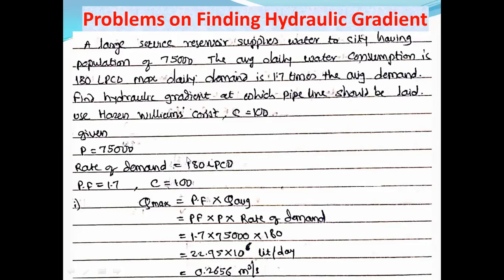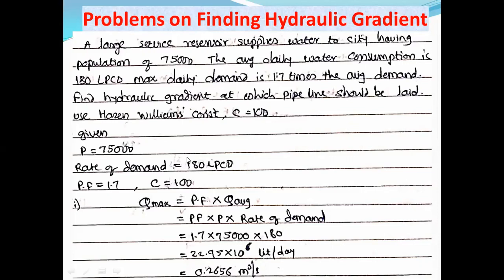Find the hydraulic gradient at which the pipeline should be laid. Use Hazen-Williams constant C is equal to 100. This is the problem.